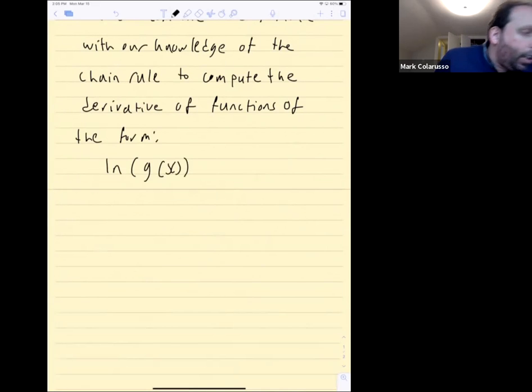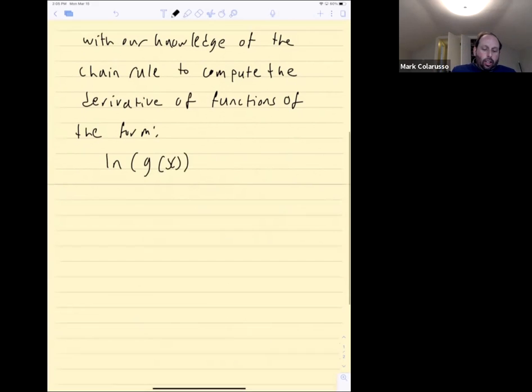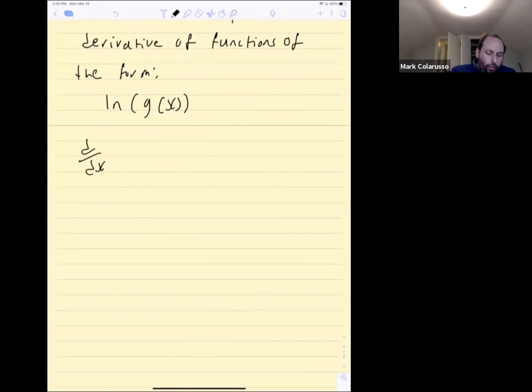Okay, so ln of g of x. So in this case, we want to compute the derivative of ln of g of x.